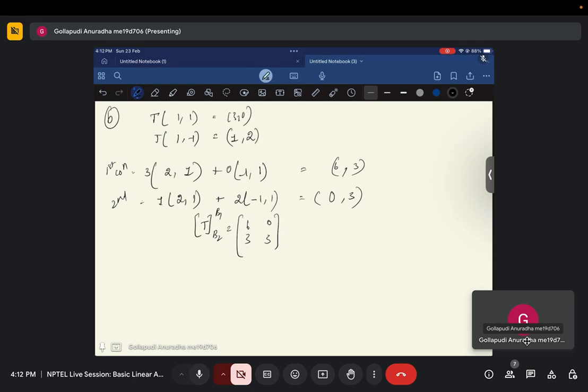For example, T of 1 comma 1 is 3 comma 0, so 3 comma 0 should be represented as a linear combination of the basis of B2, no? Both are linearly independent, right?